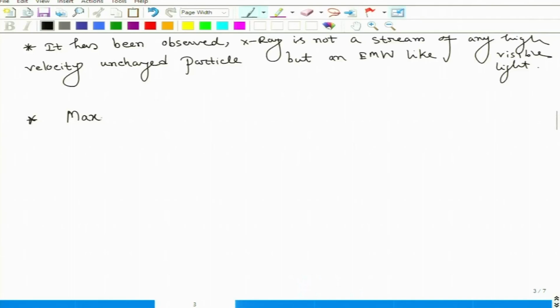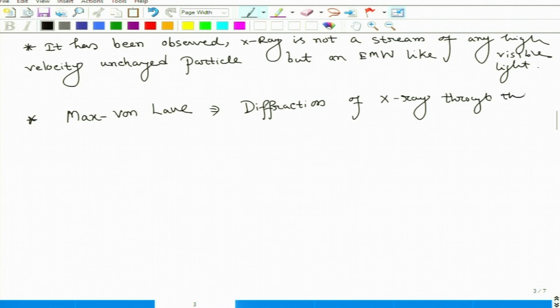At that time, Max von Laue did some experiments and he observed the diffraction of X-ray through three-dimensional crystals, meaning solids.